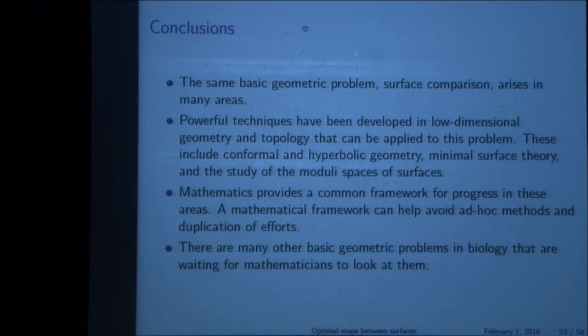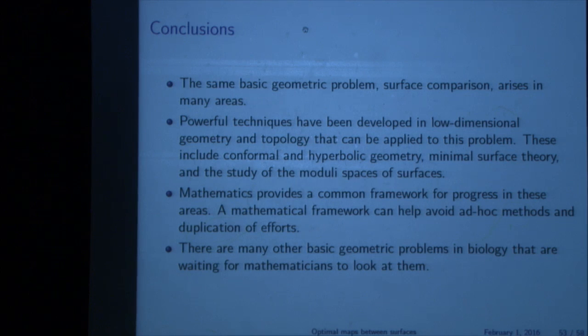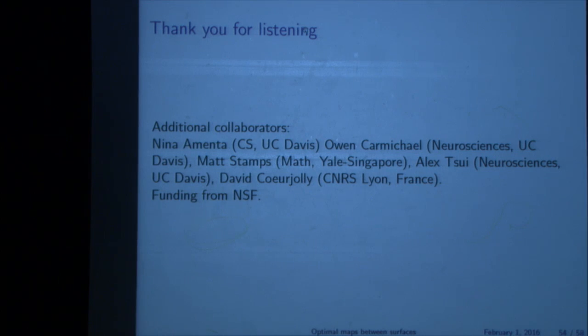That's what typically happens. People in one field will try to develop surface alignment methods from nothing and completely reproduce work that's been done already. And finally, there are lots of other fundamentally geometric problems, biological problems that are fundamentally geometric, that I encourage you to look at.